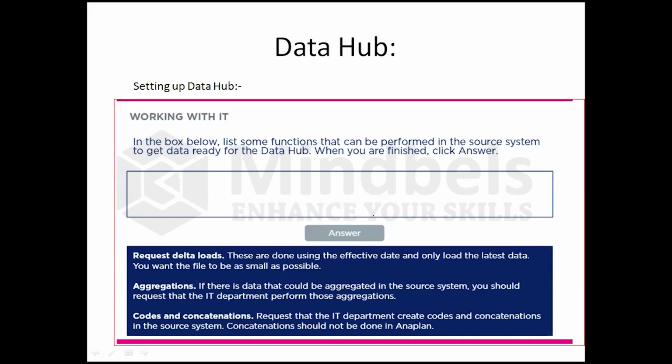Whenever you create any list, that list should have a code, right? Without code, you cannot create the list. So that code should be coming from the source system, they are saying. Suppose a code is required to be created by concatenation of two members, that should be coming from the source. They are saying concatenation should not be done in our Anaplan data.